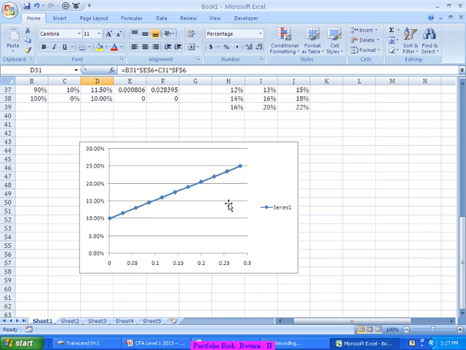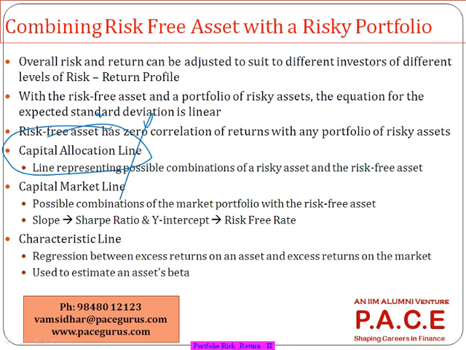Some of the things which we may have to be comfortable with: the CML cuts the y-axis at the risk-free rate of return. The slope of the CML is your Sharpe ratio. It's even also called your characteristic line, the return on the security.